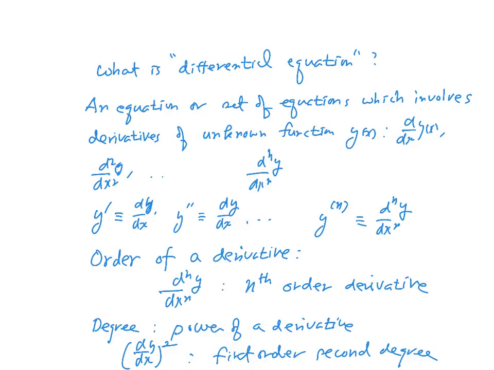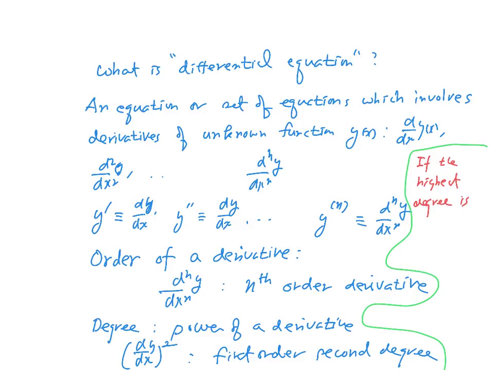And we say if the highest degree is greater than 1, we call the equation nonlinear.